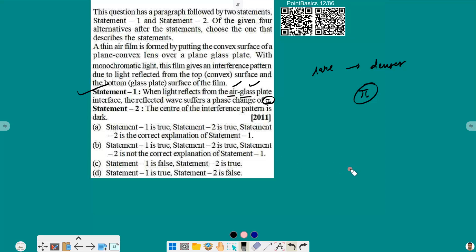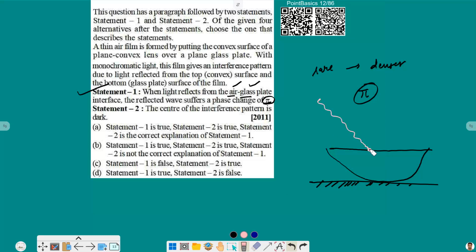Means let me draw it. Suppose here we have convex surface. So suppose this is the plane mirror and this is our convex surface. So what happens here, suppose this is the incident light.